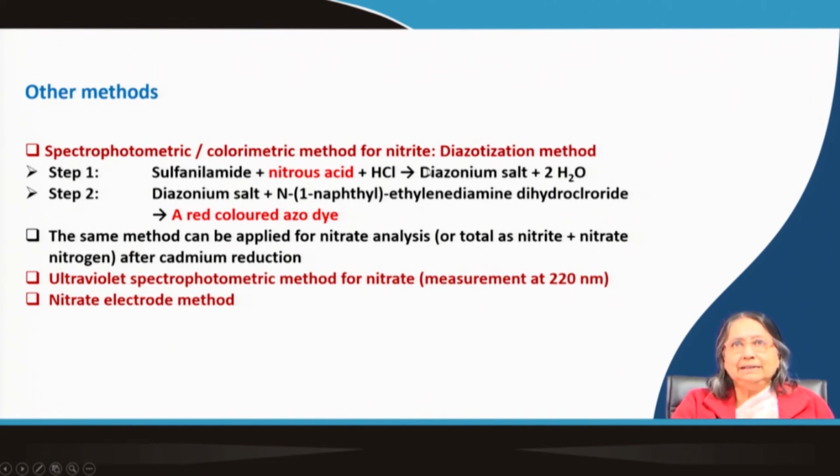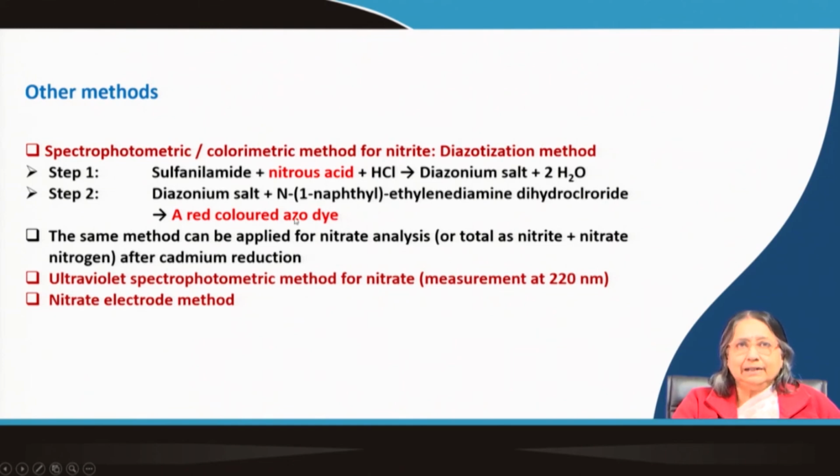So, nitrous acid will react to form the diazonium salt, and then this diazonium salt will react with N-1-naphthyl ethylenediamine dihydrochloride to form a red colored azo dye. So, diazo compound to azo dye which is colored.